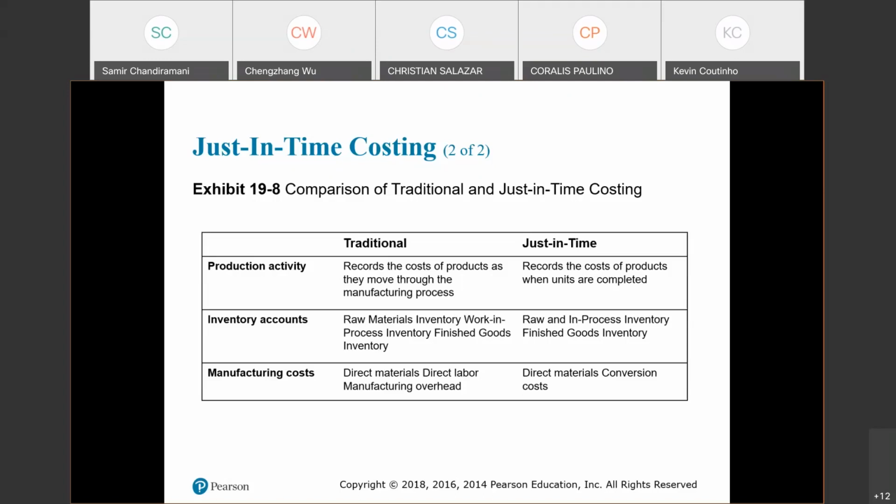And in terms of manufacturing cost, JIT costing uses one account, which is called conversion cost, to record direct labor plus manufacturing overhead. So these are the differences.